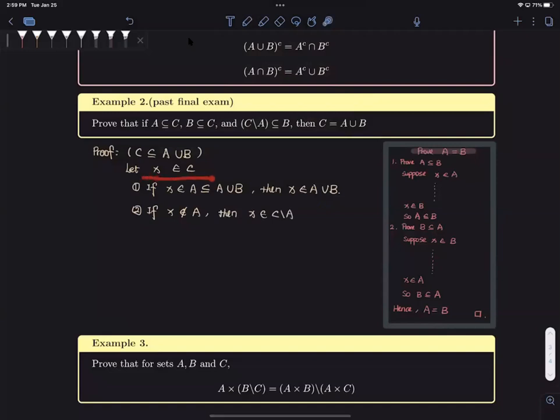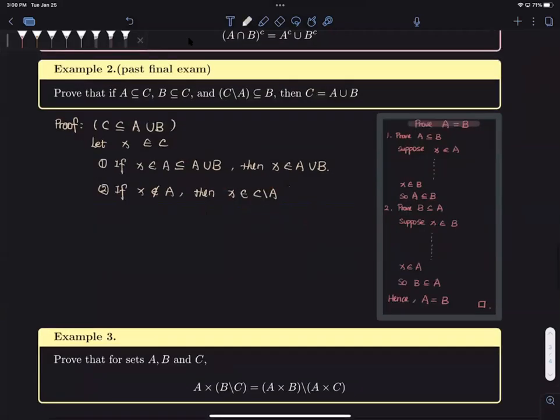Because X is in C and X is not in A, so it's in C minus A. C minus A is a subset of B, and B is a subset of A union B. So X is also an element of A union B. And we're done. You get X is an element of A union B in either case.